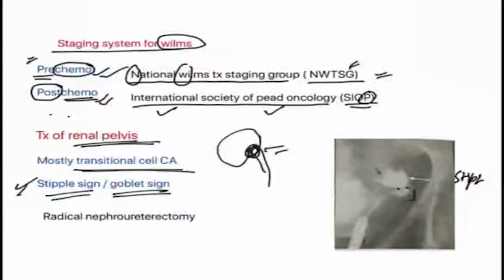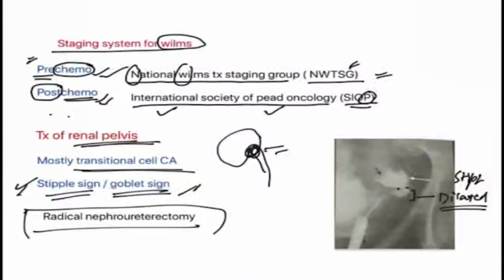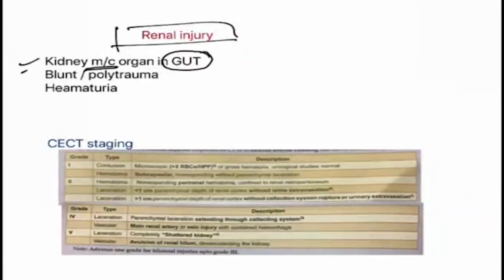This diagram shows the steeple sign, in which this is the level of obstruction, and below the level of obstruction also the ureters are dilated. So this is called steeple sign or goblet sign. The treatment is radical nephroureterectomy, that is the complete kidney is removed and the involved ureter is also removed.